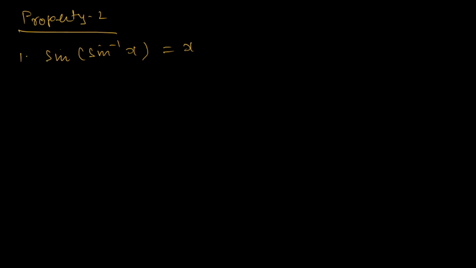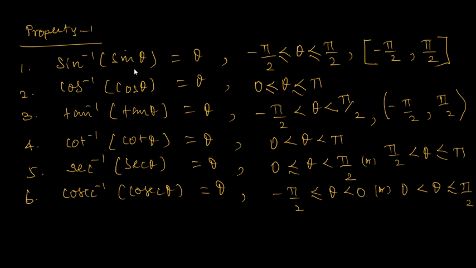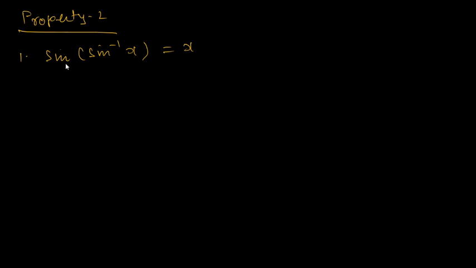In the previous case we discussed sine inverse of sine theta is equal to theta, and here sine of sine inverse of x is equal to x, and here the condition is -1 is less than or equal to x, and that is less than or equal to 1.